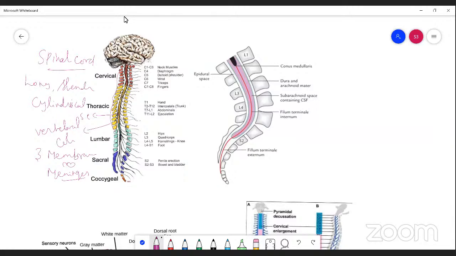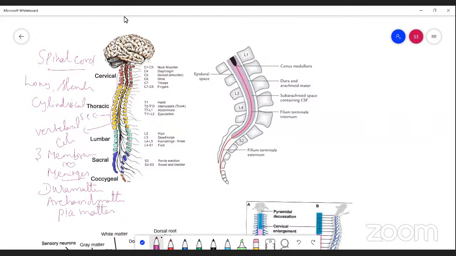The outer membrane is known as the dura mater, the middle membrane is the arachnoid membrane, and the inner layer is the pia mater. Like the brain, the spinal cord is also covered by three membranes.